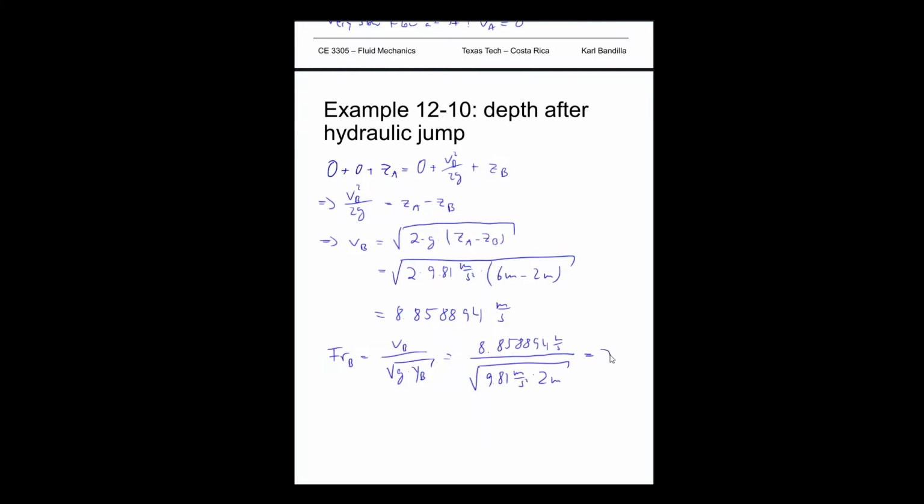Turns out to be exactly 2. And 2 is of course greater than 1. So that means the flow is supercritical, which means a hydraulic jump is possible.